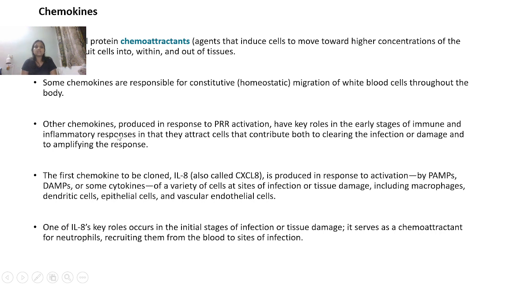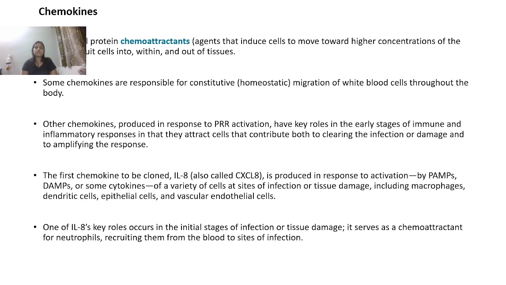Other chemokines are produced in response to PRR activation. They have key roles in the early stages of immune and inflammatory responses in that they attract cells that contribute to both clearing the infection or damage and to amplifying the response. They can either contribute in clearing the infection or they can help in amplifying the immune response.